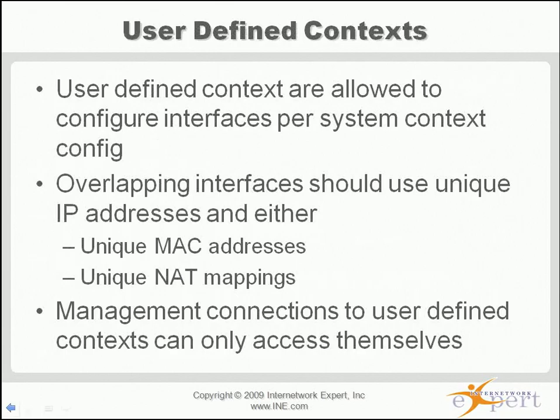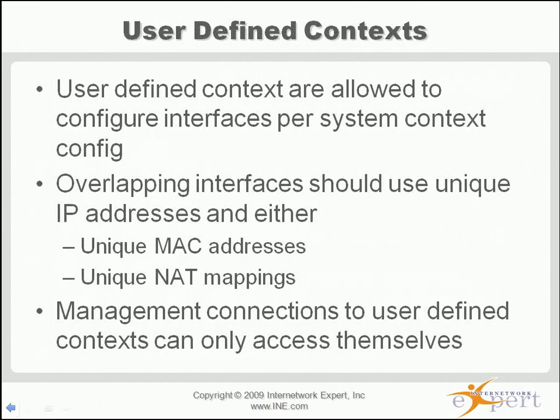So if I have context A and context B, and they're sharing a physical outside interface, I need to know how to get traffic coming in. Is it going to context A or context B? Some of the different ways that can be done: unique MAC addresses specified for the individual contexts, different NAT mappings, or different networks behind the devices. Different possibilities, different options there.